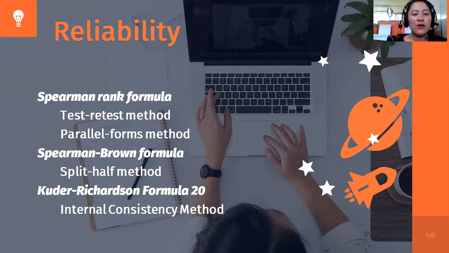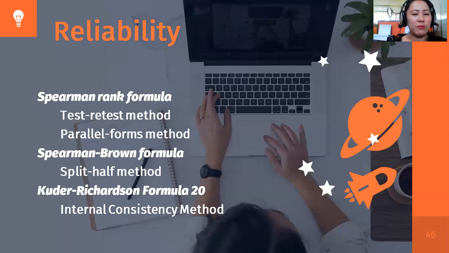So for parallel forms method, it means that you have 2 groups of respondents and you also have 2 equivalent sets of questionnaires. When you say equivalent, the level of difficulty and the content of the questionnaire are just the same. It's just that the questions are not identical.